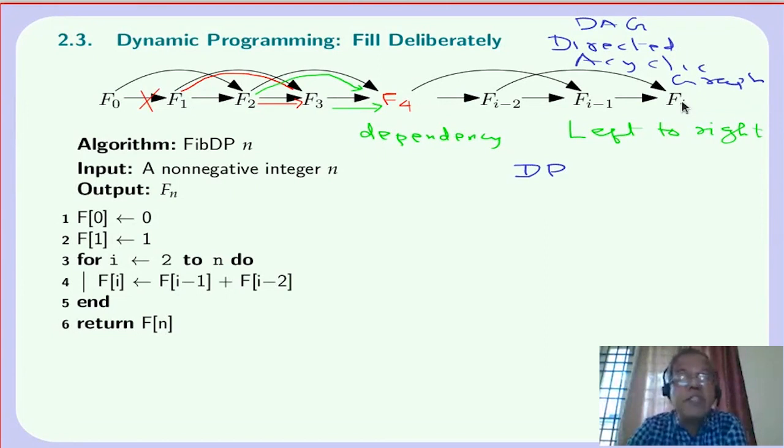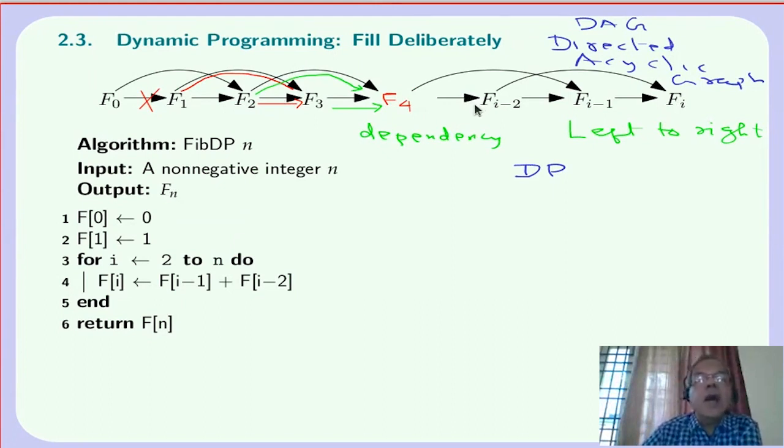So already we have achieved quite something. What we want to do now is, after all, we are solving a set of subproblems, and the subproblems can be ordered in this way so that the dependency is only from left to right.